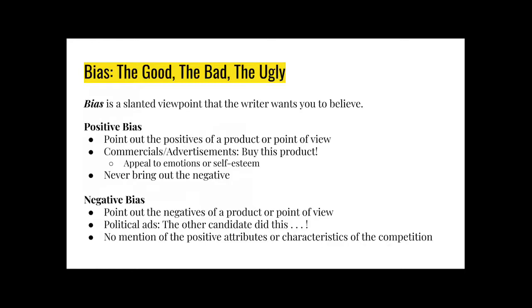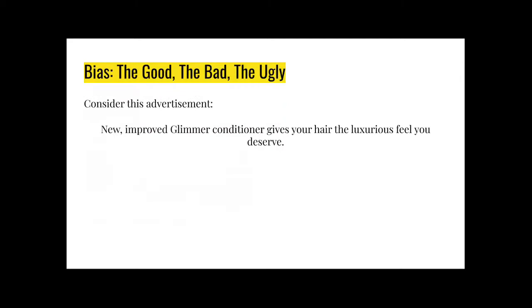So with negative bias, there's no mention of positive attributes or characteristics of the competition. Again, they want you to make a particular choice. So they're going to point out the negatives of one choice so that you go the other way.